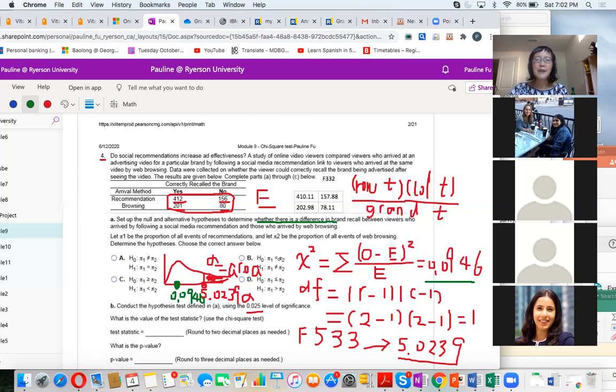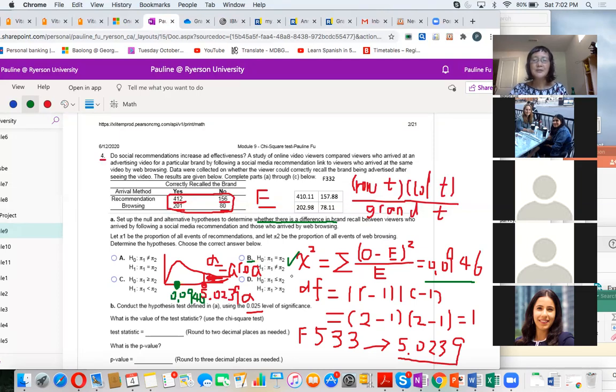By the way, you use pi to represent population proportion. So the correct answer is B. H0, two proportions are the same, pi 1 equals pi 2. H1, two proportions are not the same, pi 1 is not equal to pi 2. Okay, and our conclusion, we do not reject H0, meaning H0 is correct, meaning the two proportions are the same.